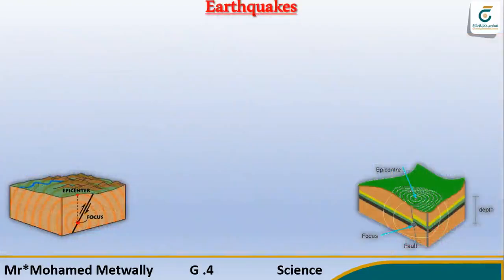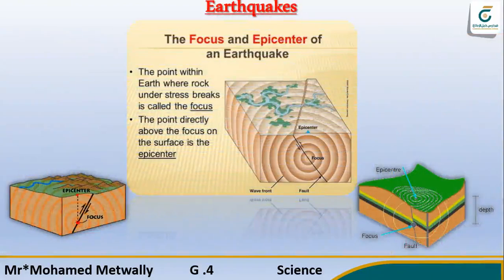Here, three figures explain the focus and epicenter of the earthquake. As you see here, the definitions again: the point within Earth where rock under stress breaks is called the focus. So the focus is here.